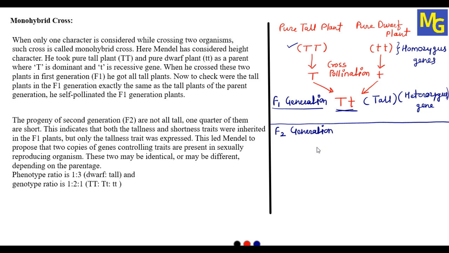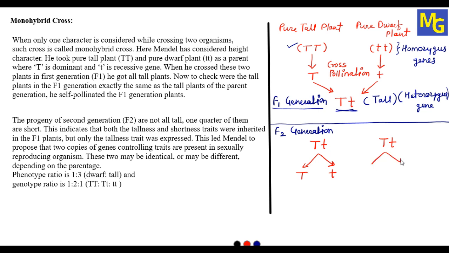So I'll write it here, capital T, small t. This is also capital T, small t. So we are going to do the pollination in the same plant. And that's why it is self-pollination. So we will write the genes. See here, we will get two different ones now because one is capital T and one is small t. So the possibility is capital T and small t.